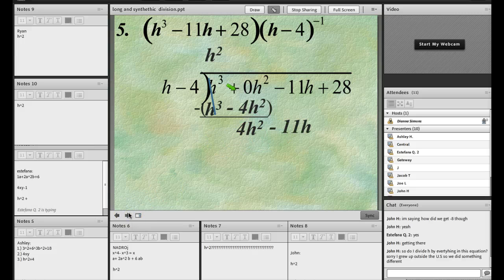Second term is going to be what? If I have 4h squared, I divide it by h, what do I get? Remember, all you're doing is you're doing this first term and this first term. I take this 4h squared divided by h.